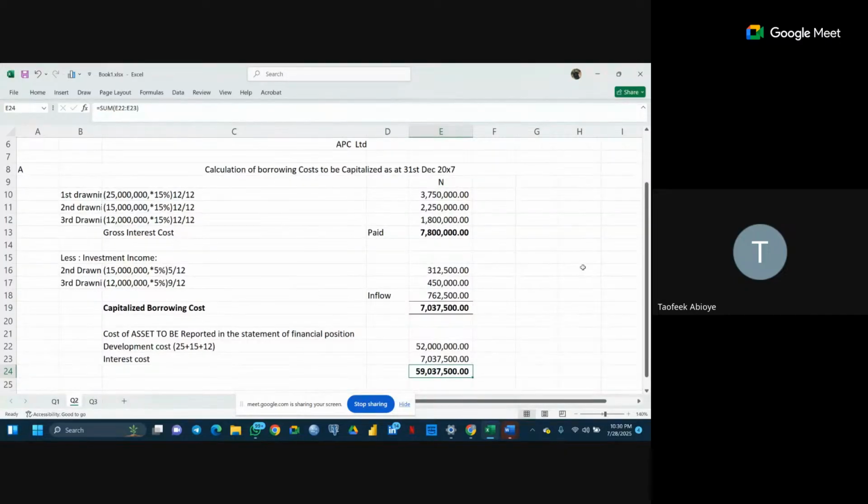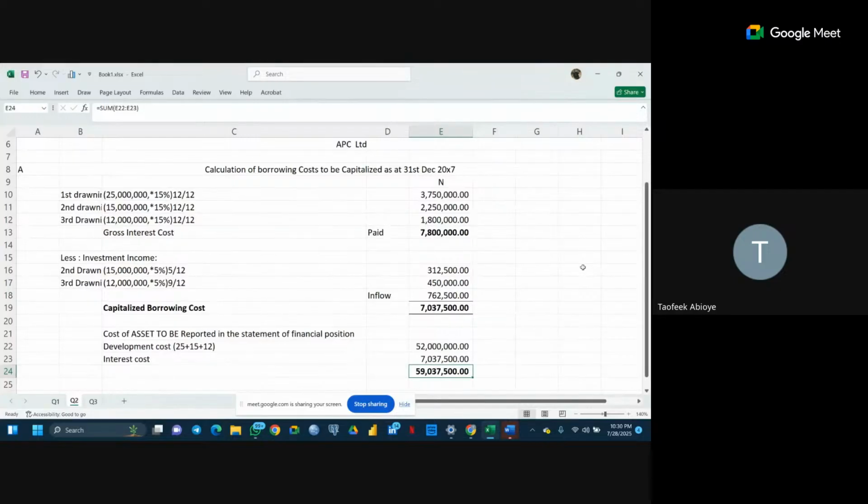He borrowed 100 million and used 70 million for qualifying capital expenditure. The remaining 30 million, which is not used for that qualifying capital expenditure, we are not going to capitalize the interest cost incurred on it.